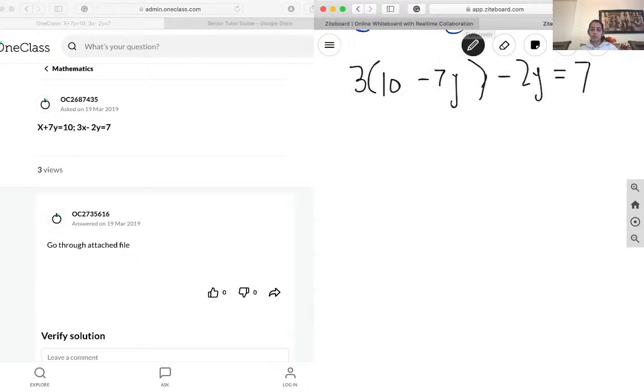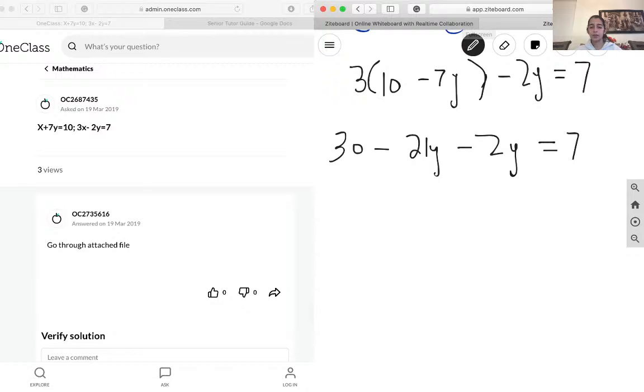Then we can multiply the 3 in. So 30 minus 7 times 3 is 21, 21y minus 2y is equal to 7. Our basic goal is to get one variable that we can isolate at the very end.